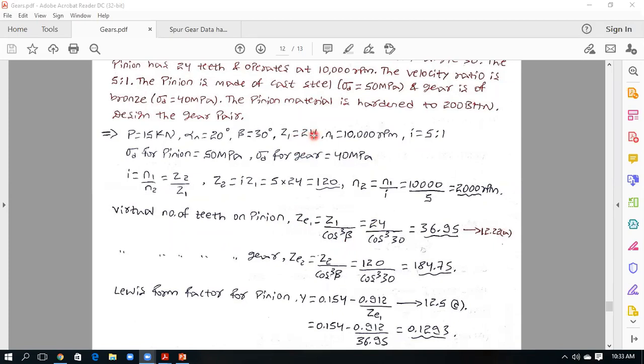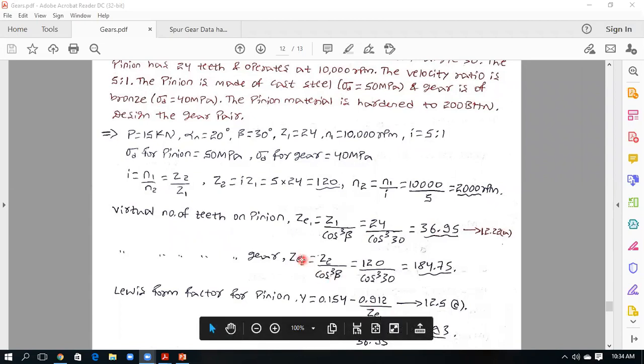Z1 is given, it is 24 and beta is 30. Substitute the values. After substituting, the virtual number of teeth on pinion, you will get as 36.95.